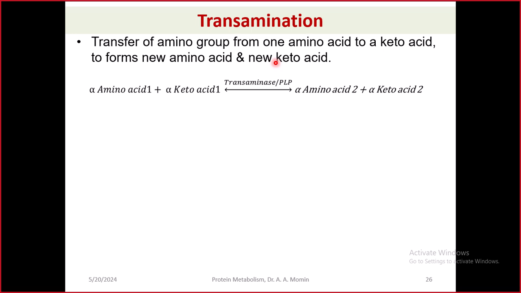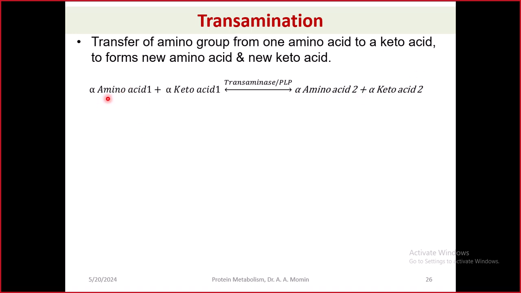If you see this reaction, this amino acid is supposed to undergo transamination. It has the amino group. This amino group from the first amino acid is donated to the keto acid. By donating the amino group, this amino acid itself gets converted to a keto acid.